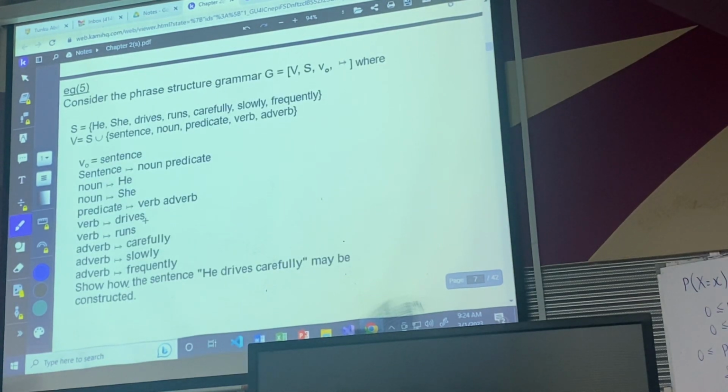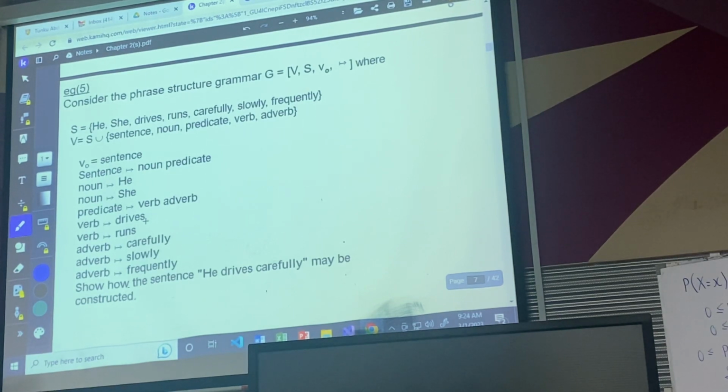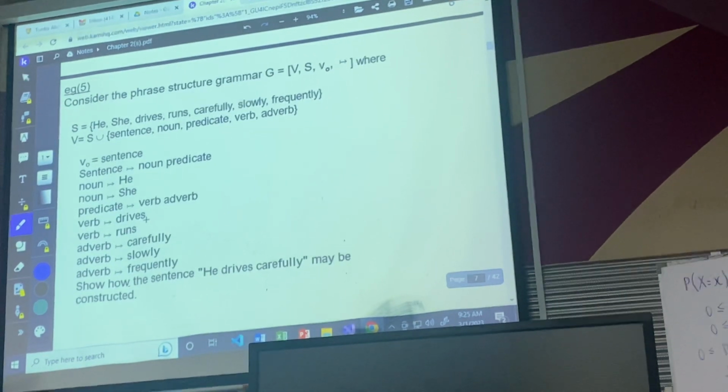Besides he drives carefully, what else are the sentences that we can have? She drives carefully. What else? He runs slowly. She runs slowly. Any others?